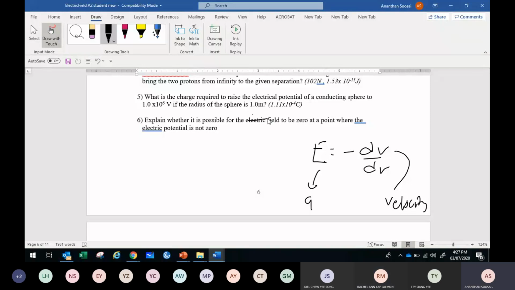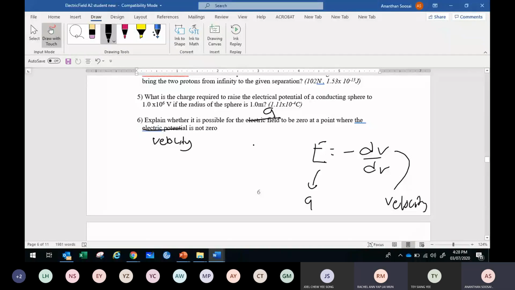Is it possible for acceleration to be zero at a point where the potential, replaced with velocity, is not zero? Is it possible for acceleration to be zero at a point where velocity is not zero?